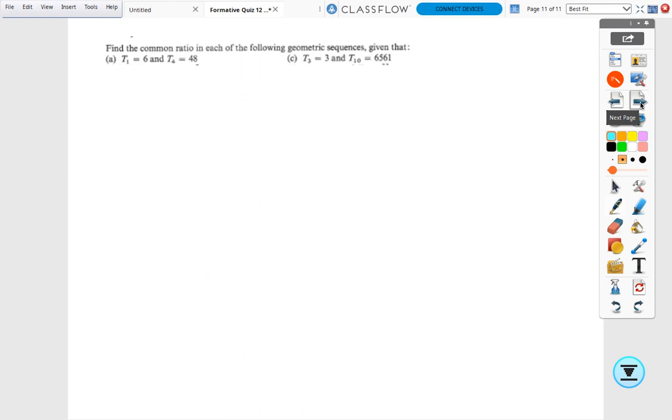Okay, last page. Find the common ratio in each of the following. We'll do both of them. If you're not too sure, pause, and then I'll just do them. Okay, you're back. So T1 equals 6, well T1 equals A. In a GP, Tn equals A R to the n minus 1.